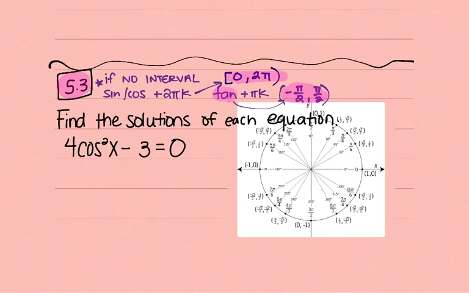And you have to restrict your interval for tangent to negative pi over 2 to positive pi over 2. If there is an interval, like 0 to 2 pi, then you use the entire circle for sine and cosine, but you don't add the 2 pi k. And you use your entire circle for tangent. You do not restrict it.